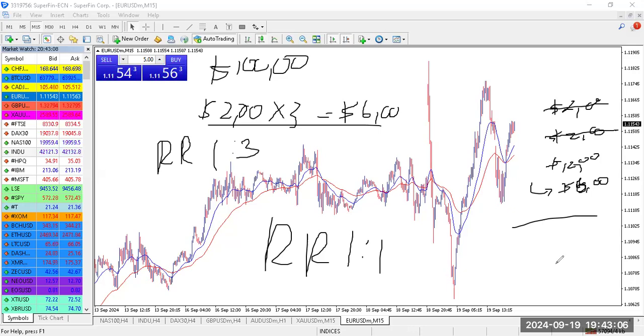So that's why that risk reward ratio is not the best. But if you use a risk reward ratio of 1 for 3 minimum, with a 30% win rate, you're still making profit.